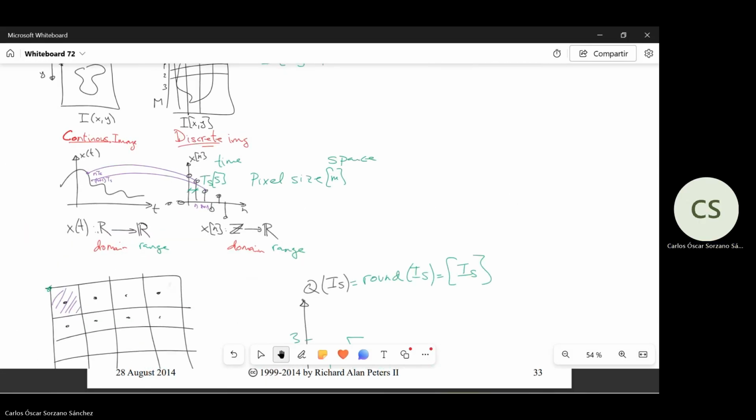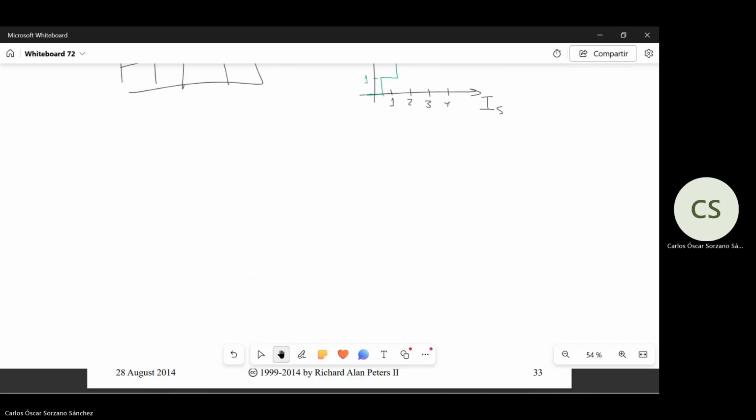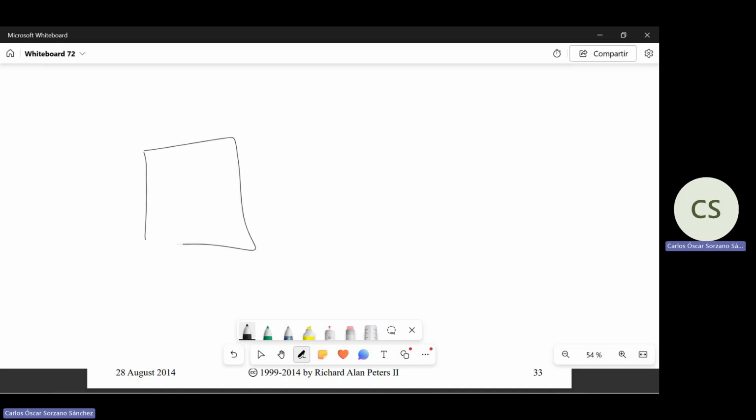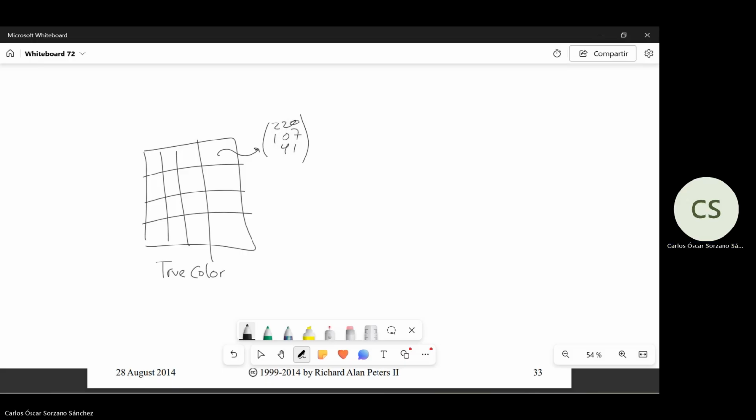So let's say that we have a 2-color image. So true color, for each pixel, we have some values. So let's say that for this one, we have the vector 220, 107, 41.